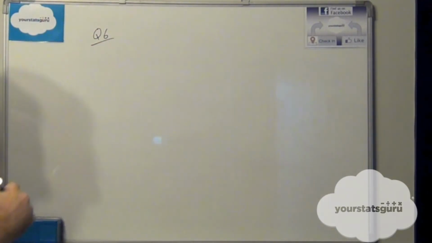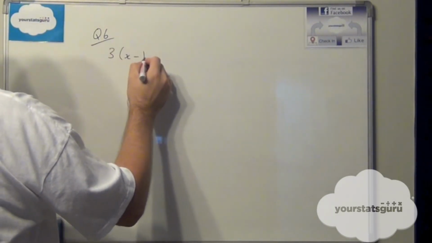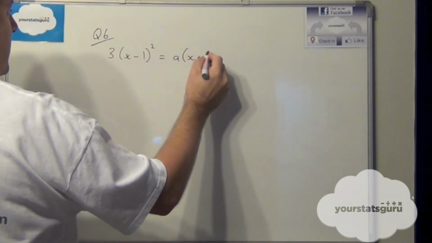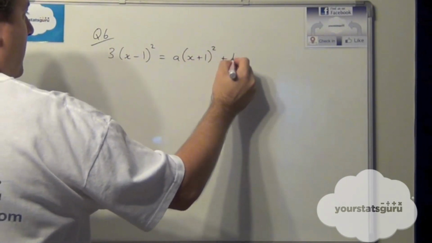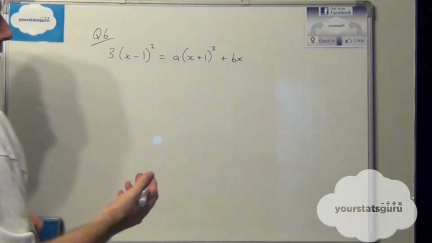Question 6. I'm given that 3 outside of (x minus 1) squared is equal to a outside of (x plus 1) squared plus bx. And I'm asked to find the values of a and b. So clearly this is a question where I need to do matching of coefficients.